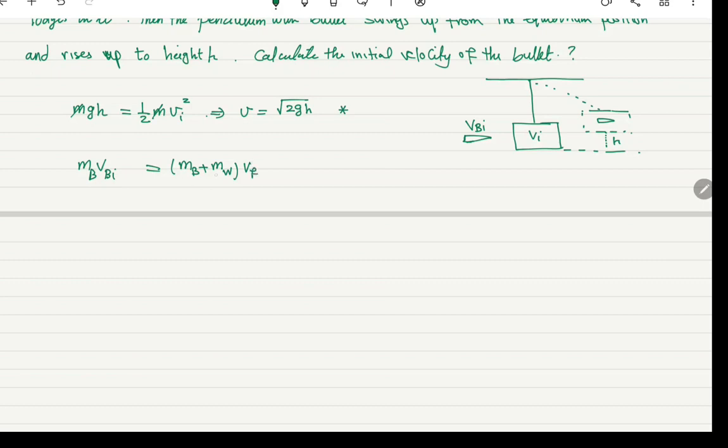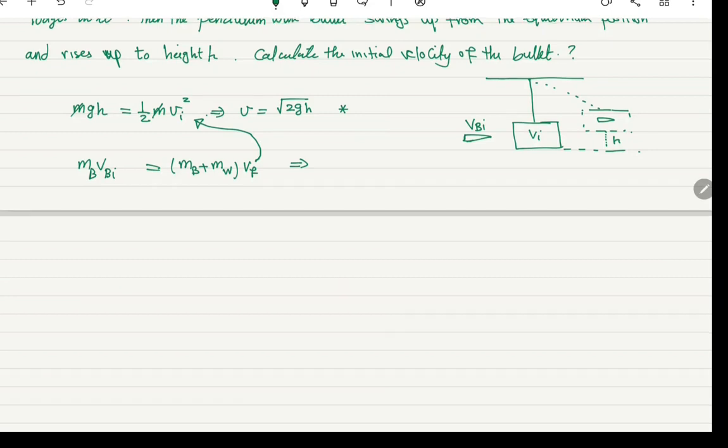And we just add these two masses together because the bullet sticks inside the piece of wood. The v final here is actually the initial velocity we just obtained from the simple pendulum case, and you just simplify this. Now v bullet initial is equal to m bullet plus m wood, divided by m bullet, times v final.